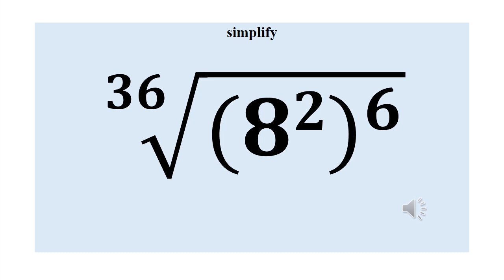Question number 5 states: simplify the 36th root of 8 squared, then raised to power 6. So we are to simplify the 36th root of 8 squared, raised to power 6.